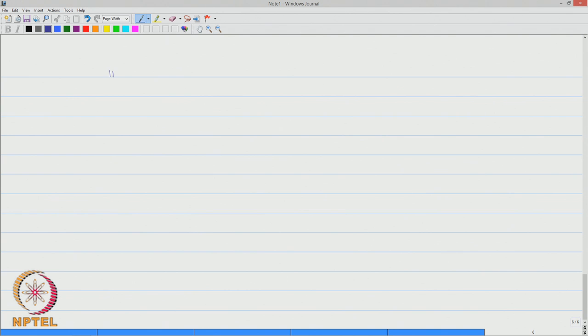Alternatively, you can also estimate this load using UFC 3-340-02. According to this, the graphical representation of the load in the pressure time curve will have a rise period and the drop, and of course, we know this is TR and this is given by BL by U, and this is PB.